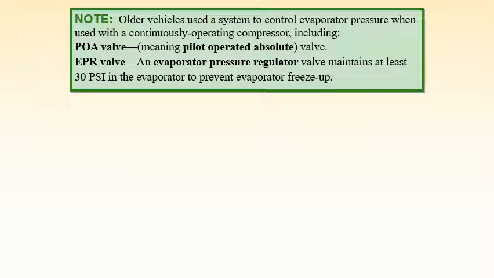So these were the older system valves. Okay, these older cars may be using these two valves, and the purpose of these valves is to maintain at least 30 pounds per square inch pressure in the evaporator, and if the pressure falls below 30 psi, this will lead to freezing of the evaporator.